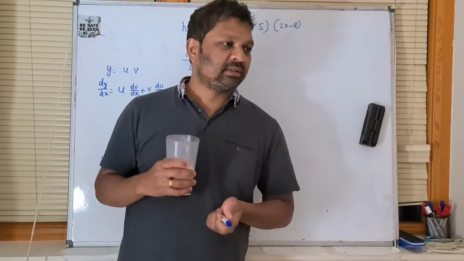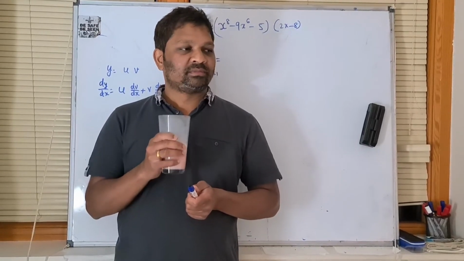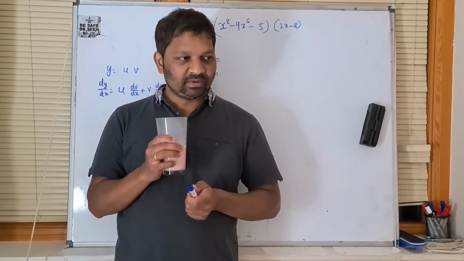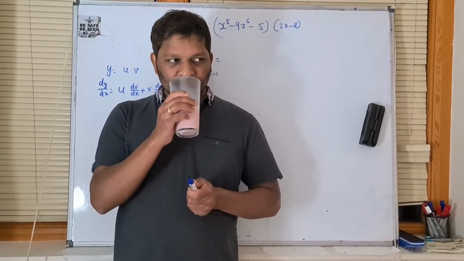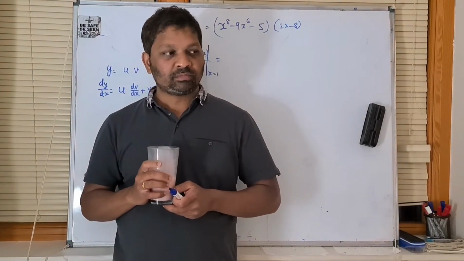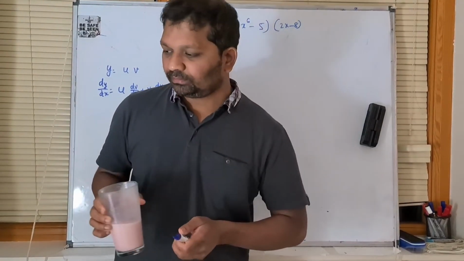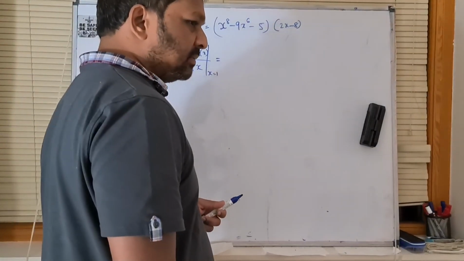When it's u by v, the differentiation is v du/dx minus u dv/dx by v squared. And there is no v squared in the product rule.